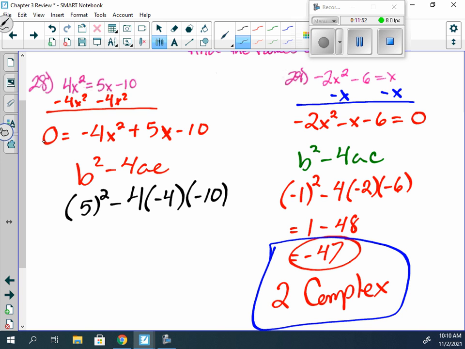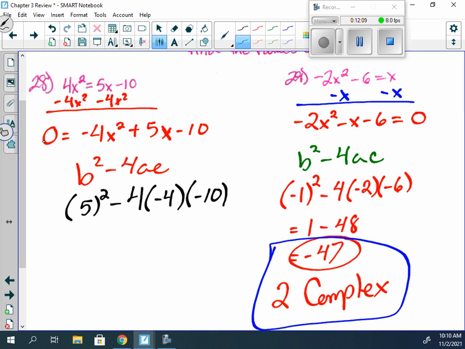And sometimes I will look at that, especially when solving. Well, I look at the discriminant. Well, A and C, if one of them is negative, then that negative would make it so most likely we're going to have real solutions. So that's one way we can look at it.